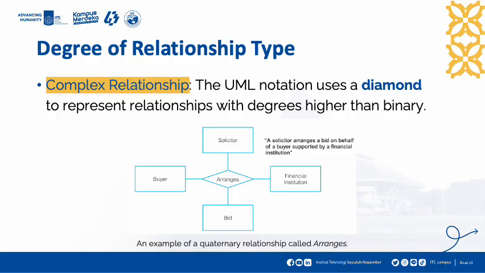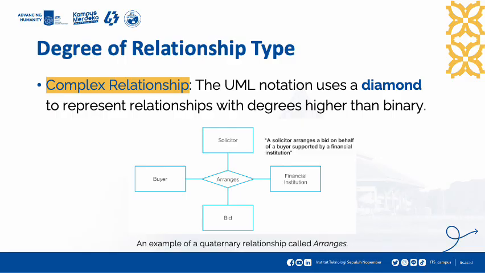So usually if you have degrees higher than binary, we use the diamond to represent those complex relationships. For example, here, if you have 4 participating entities, buyer, solicitor, bid, and financial institutions, we denote the relationship type as a diamond here.